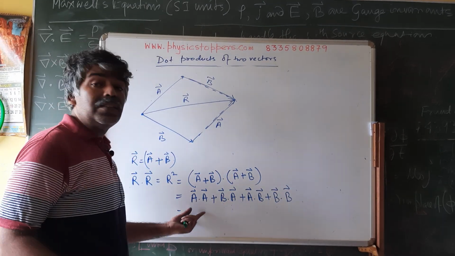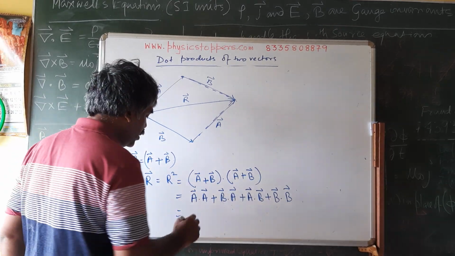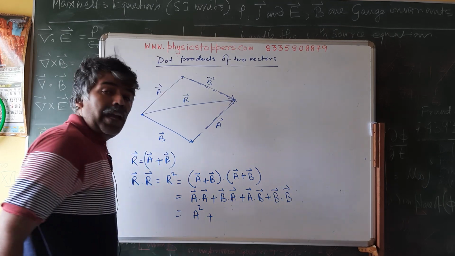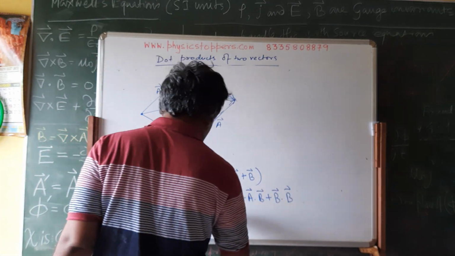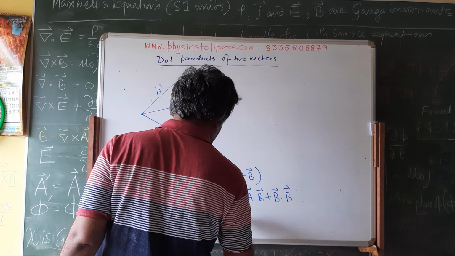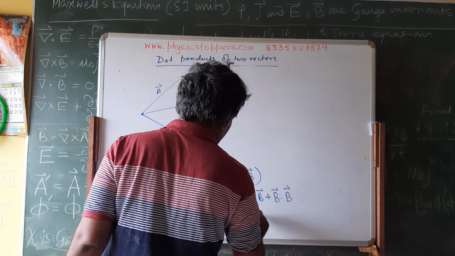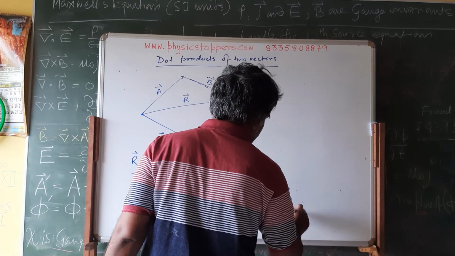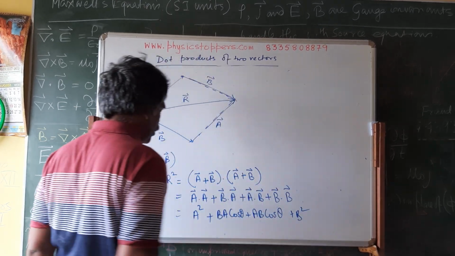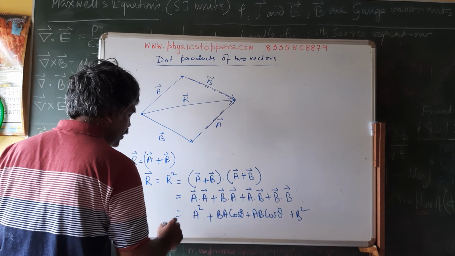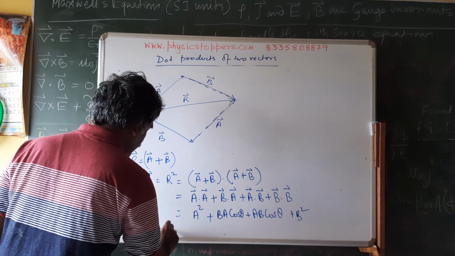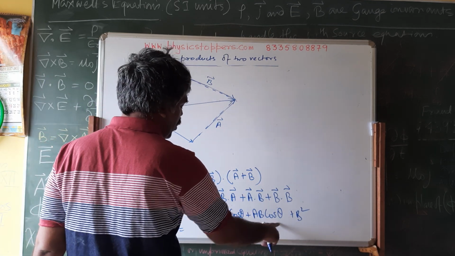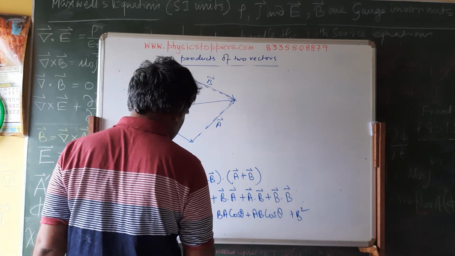The angle between A and A is 0. So cos 0 is 1. So that is A square. This is AB cos theta or BA cos theta, it does not matter. This is AB cos theta, it's all the same, plus B square, right? And the left side is R square. So R square is equal to, you can say these two are the same terms, 2AB cos theta, because AB and BA commute.